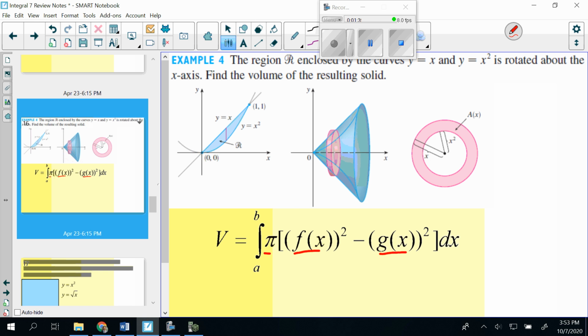And our radiuses are different functions here, one being the function further away, one being the function closer, and you would get the volume. So if you have more than one function, you got to do pi r squared minus pi r squared, or if you factor the pi out, pi times the outer function squared minus the inner function squared. Let's look at an example.